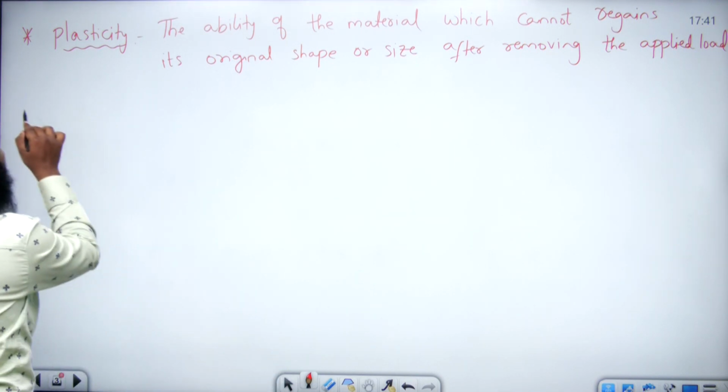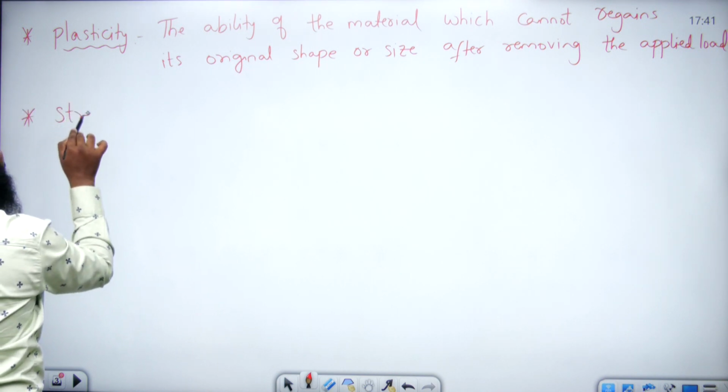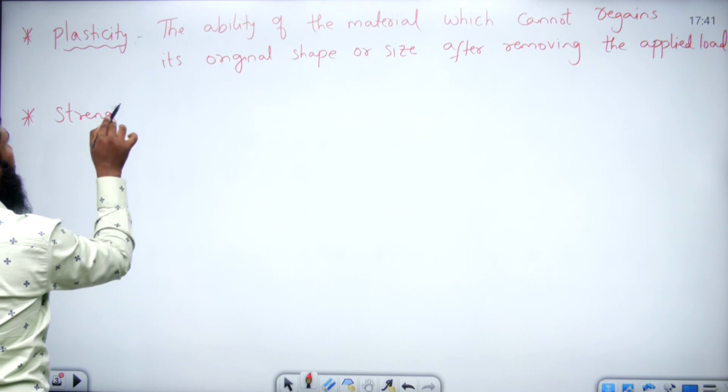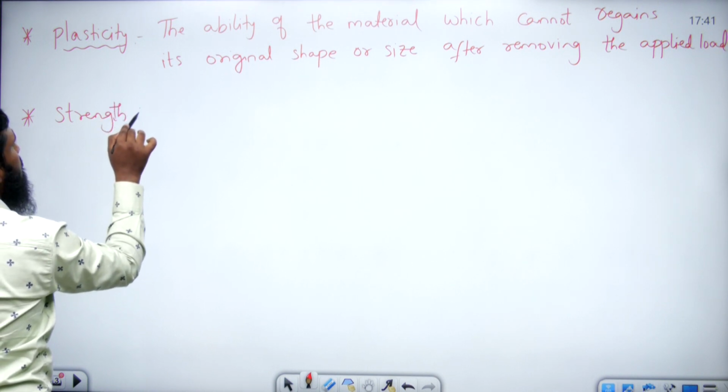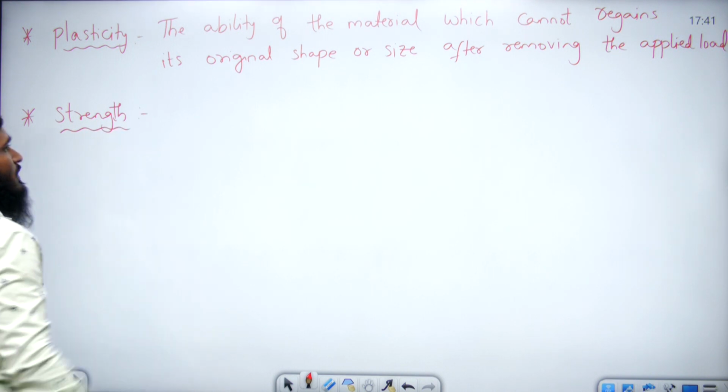Now next, let us go for strength. What is the meaning of strength?